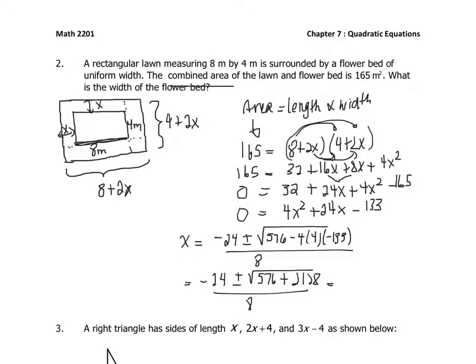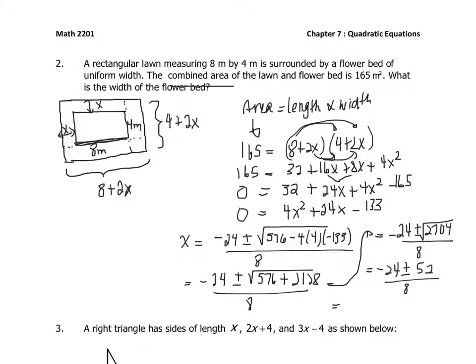That equals negative 24 plus or minus the square root of 2704 all over 8, which is negative 24 plus or minus 52. That works out to be a nice perfect square.